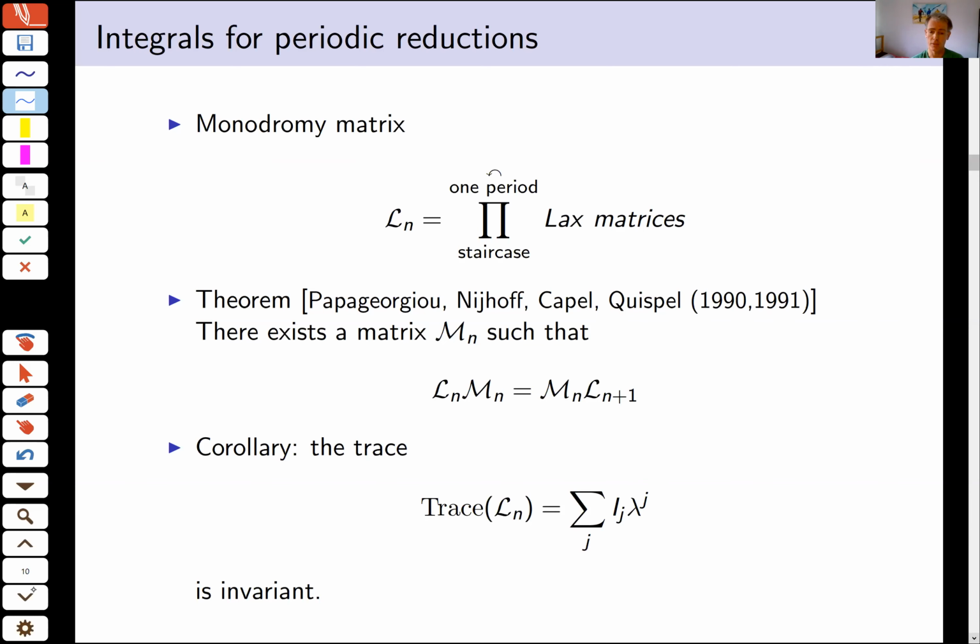There is this parameter in the Lax matrix, lambda, which connects to the third lattice parameter, where you go up in your 3D cube, and you can expand your trace in powers of lambda, and every coefficient will give you an integral. Now they don't need to be independent necessarily, you have to check that, but this would give you enough integrals for Liouville integrability.